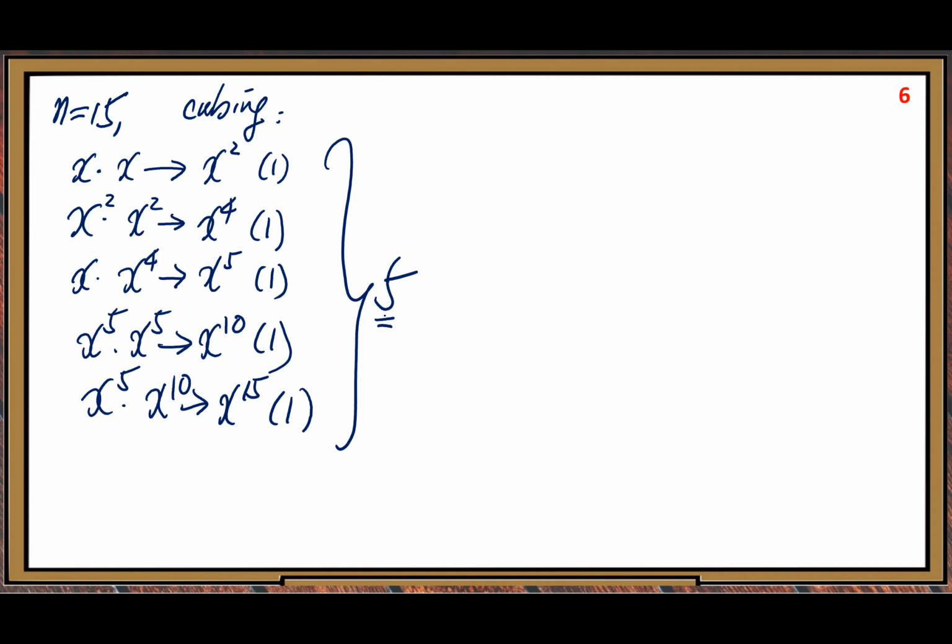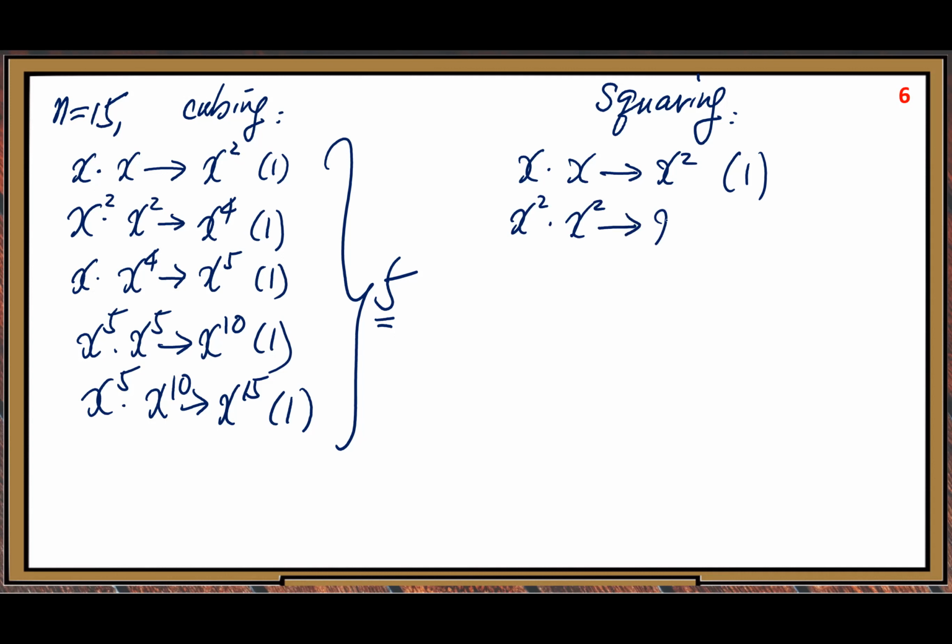Now, let's try repeated squaring. Still x squared, the first one. x to the 4th, the second one. x to the 4th squared gives x to the 8th.